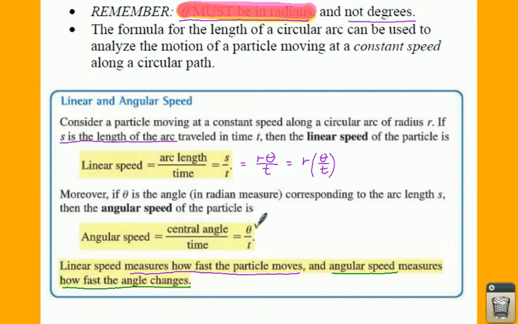Notice this theta over t, your angular speed, is right here also. So another way to figure out your linear speed is to take your radius times your angular speed. Your linear speed can actually be found pretty quickly if you already know your angular speed.